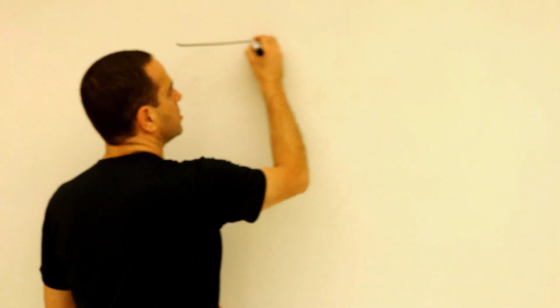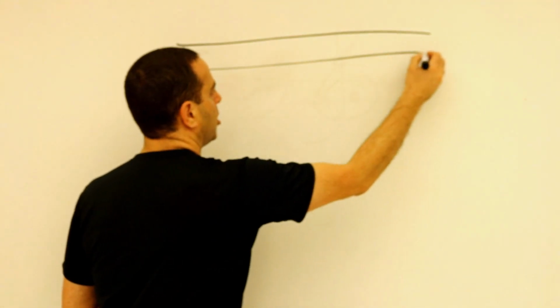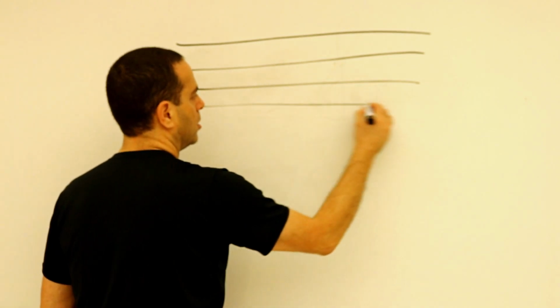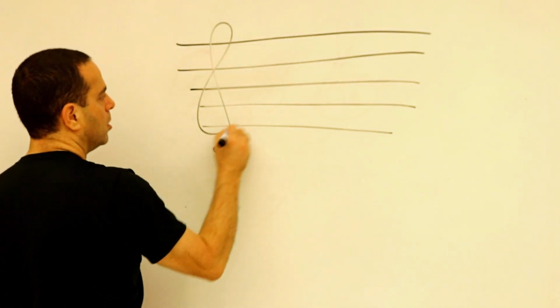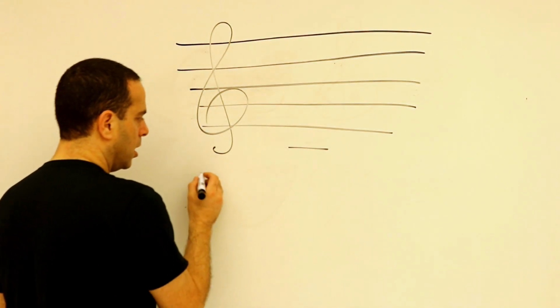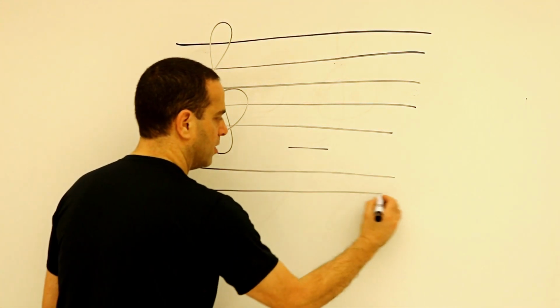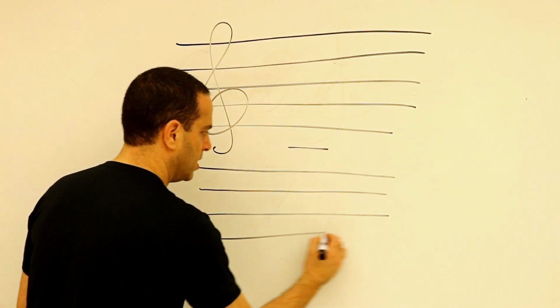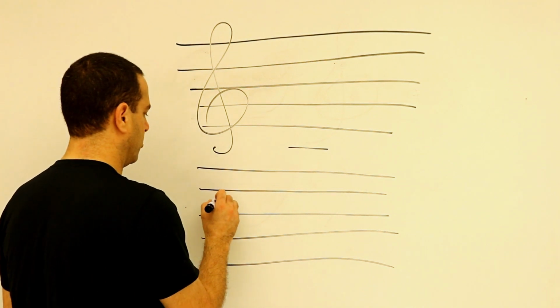So nowadays, we use 5 lines up high called the treble clef. And below it, the F clef or bass clef. And if you've taken piano lessons, you've seen these before.